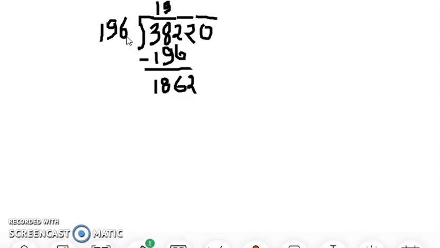9 sixes are 54, and 5 nines are 81, 81 plus 5 is 86. So 9 ones are 9 and 8 is 17.